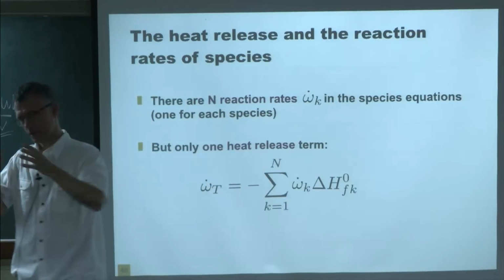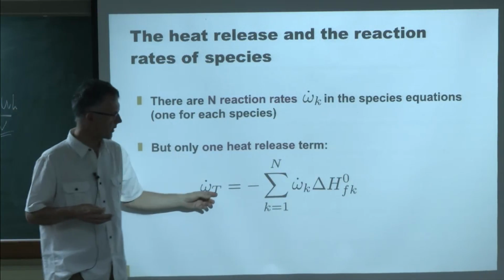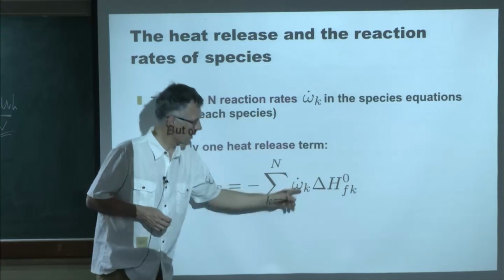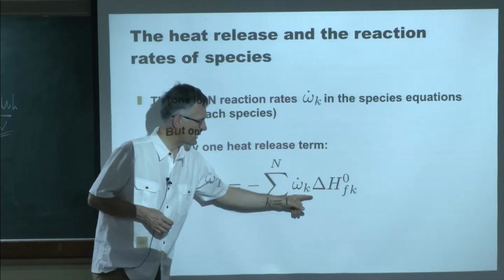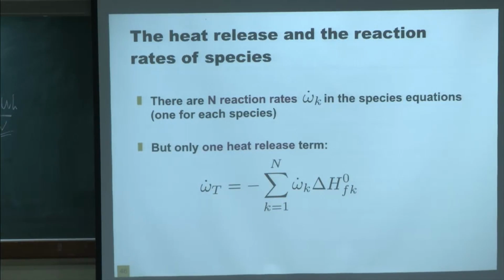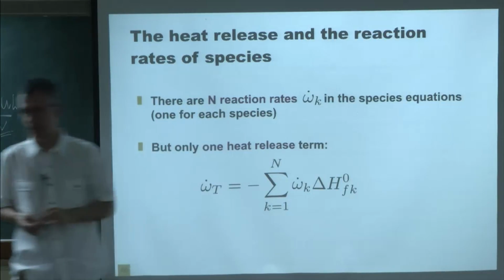All these omega dot k are combined to create the heat release, which is omega dot T, and it's a combination of the formation enthalpies and the reaction rate of individual species. So there are N reaction rates like this, and there's only one heat release.